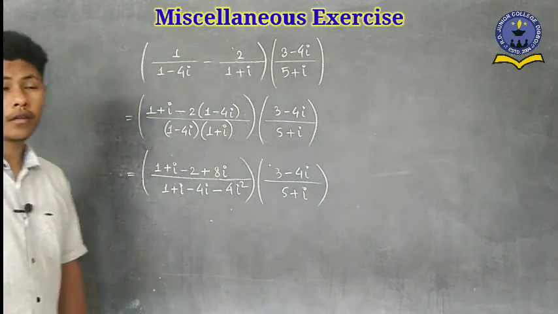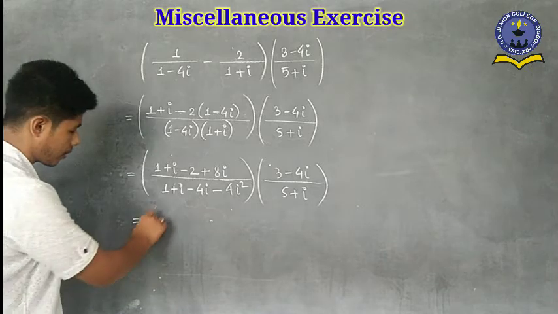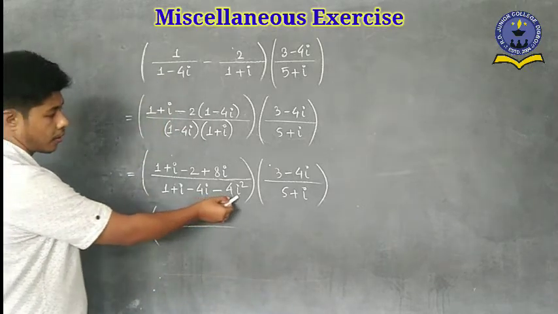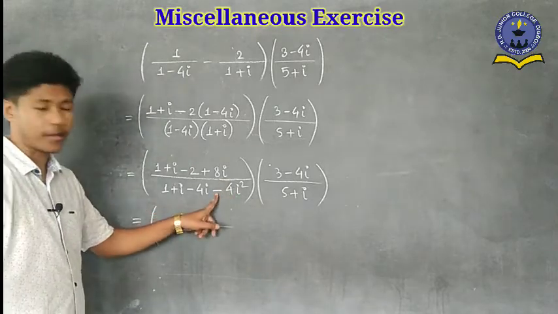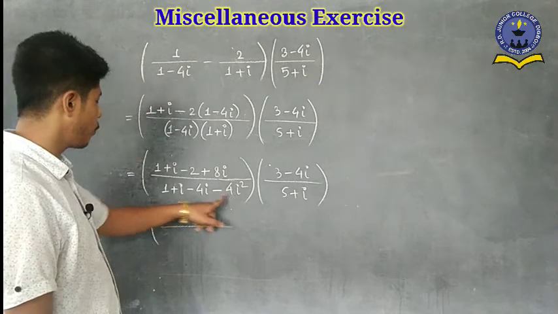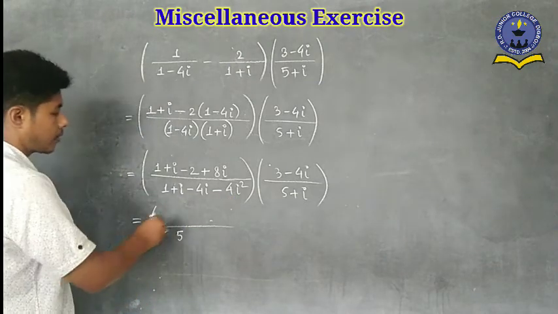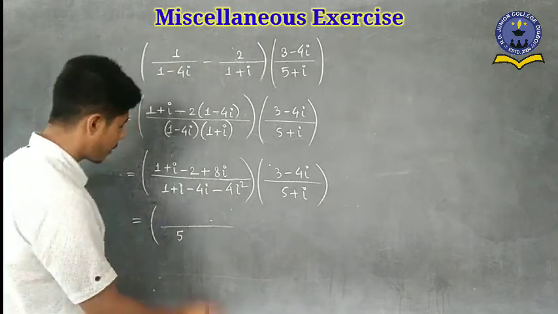Is it clear? Now finally if we calculate this result, what we get here is i square. i square means what? Minus 1. So minus minus plus, that means plus 4. 4 plus 1, here we get 5. Is it clear? Then similarly here plus i minus 4i, that means what we get here? Minus 3i.